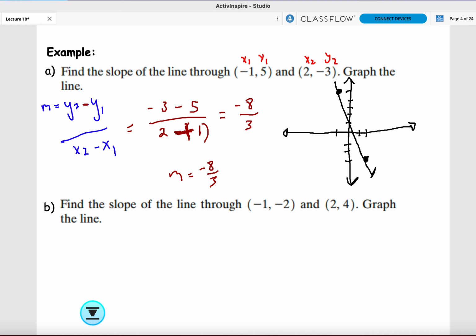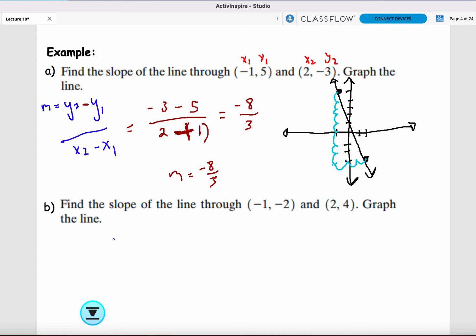And there you go. If you look at that, you can see that these are actually like the points of the slope. So it's -8, right? So it'll be 1, 2, 3, 4, 5, 6, 7, 8. Down 8, right? -8. And then we run 3. 1, 2, 3. So you see how the slope gets you the line as well. Something to think about as you work through these examples, guys.